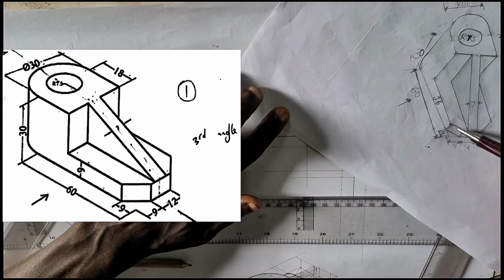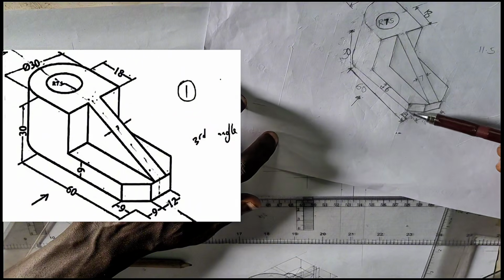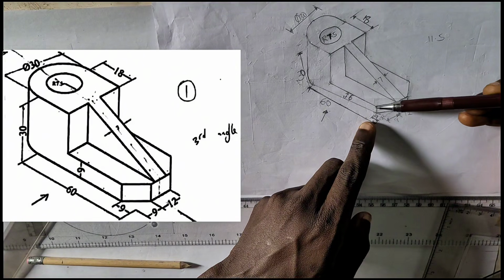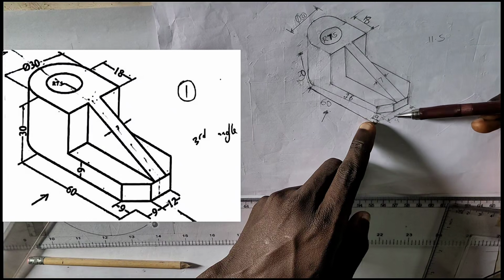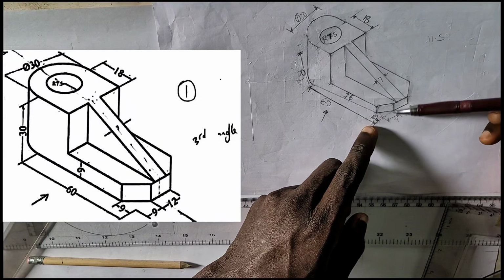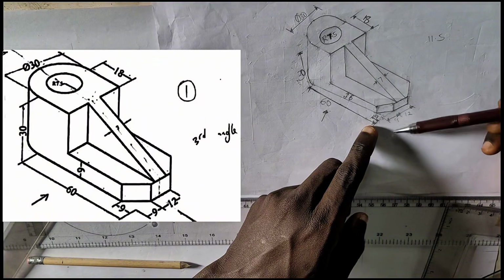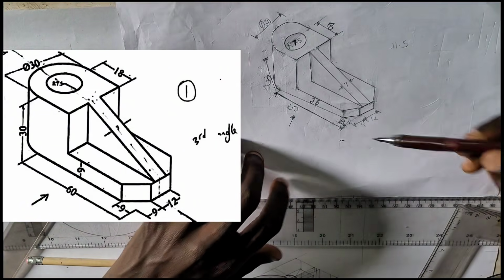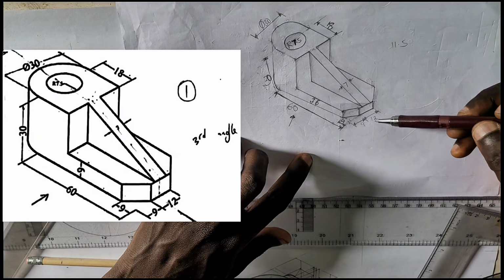Then you will see that if you are standing here now, from here to here, from here to here, a certain line divides them, and the distance is 9 millimeters. So I will measure 9 here and draw a line. Then from here to here is 12.